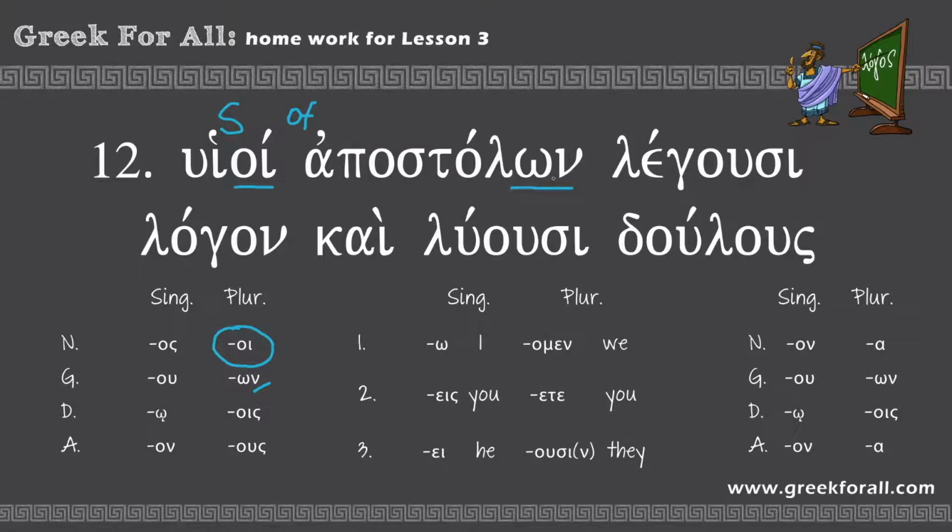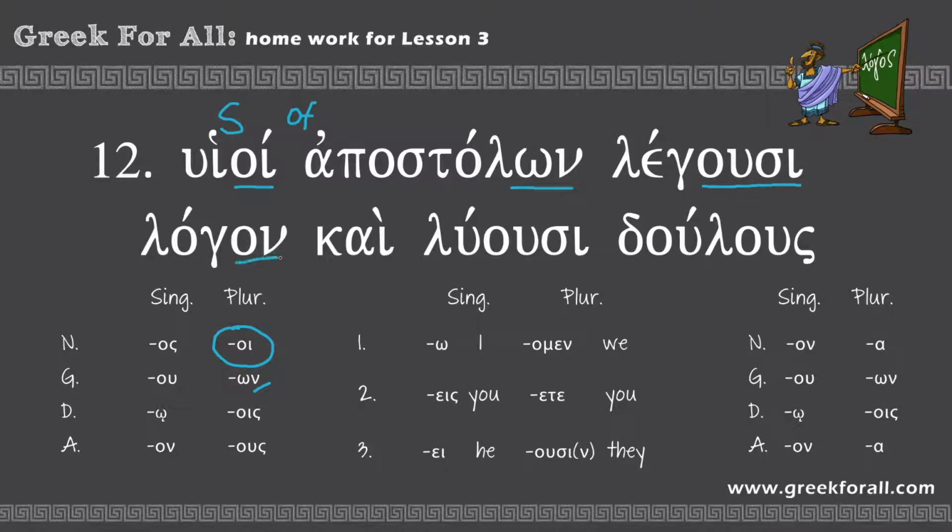This is the plural ending, so it's not one apostle, but many sons of apostles. And then we have the verb legusi, which has the ending usi, which is the third person plural, and it agrees in plurality with our subject, which is good, so it has the same number. Sons of apostles speak. They speak logon.